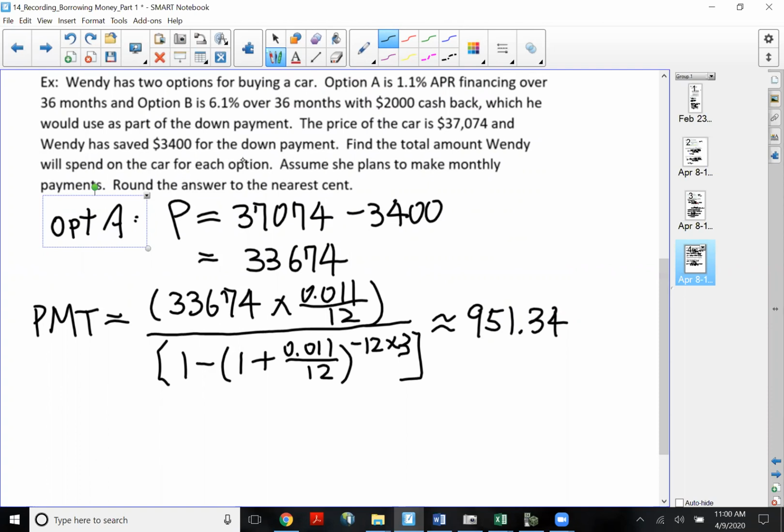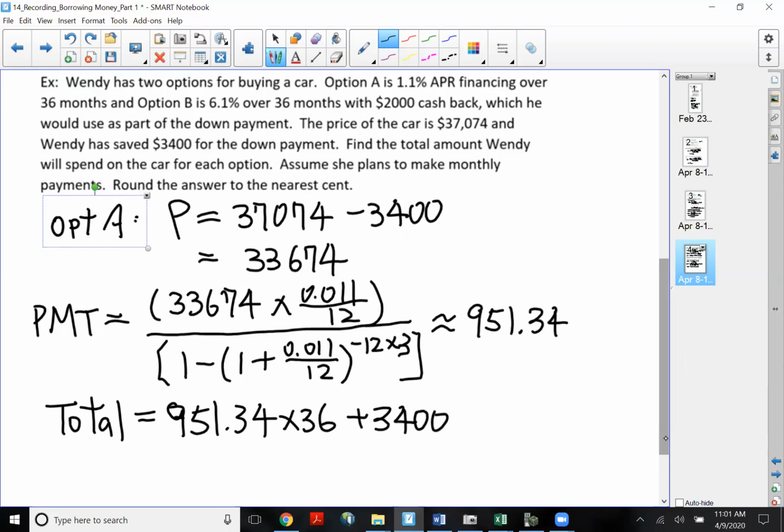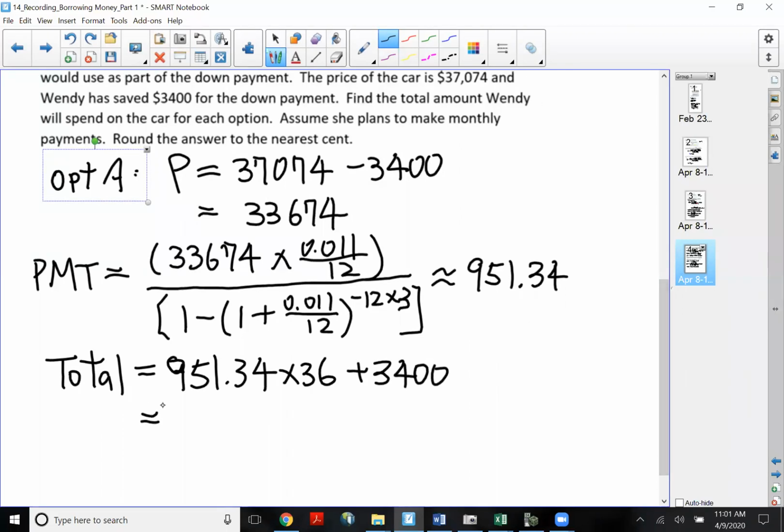Her total cost is her monthly payments, $951.34 times 36 months, plus the down payment she already put down, $3,400. So she will end up paying $37,648.24. So that's the answer.